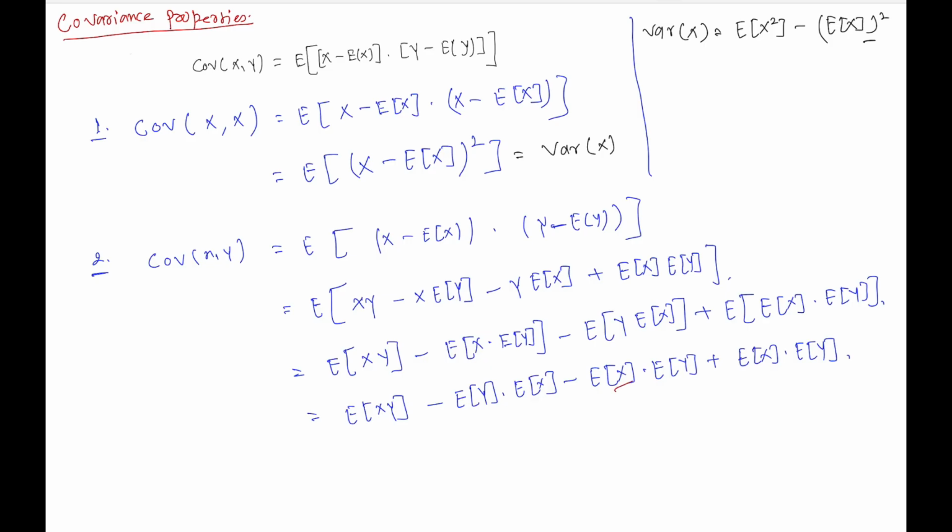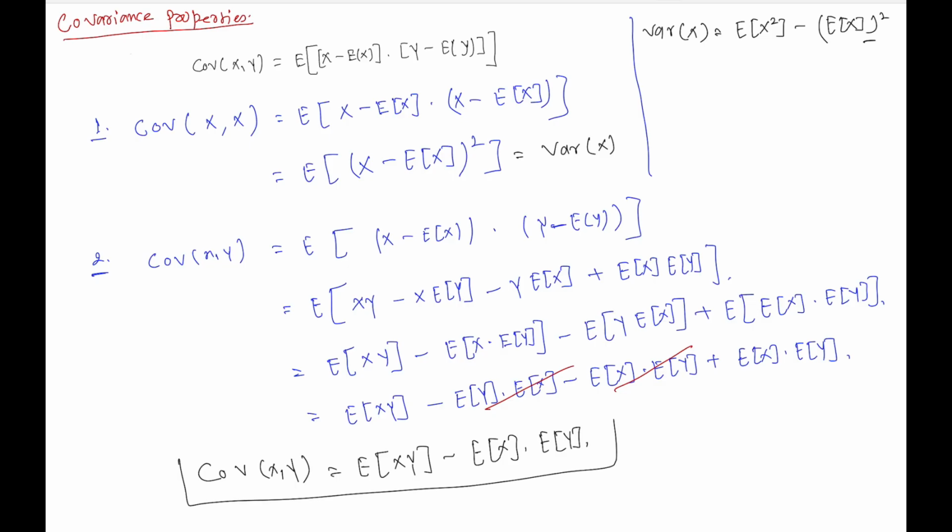And these two terms will get cancelled because they both are the same. So what we have got is the expectation of xy minus the expectation of x times the expectation of y. This is the alternative formula of the covariance of the random variables x and y, and we can make use of it while doing numerical calculation, right? So we can directly make use of this formula instead of the earlier one.